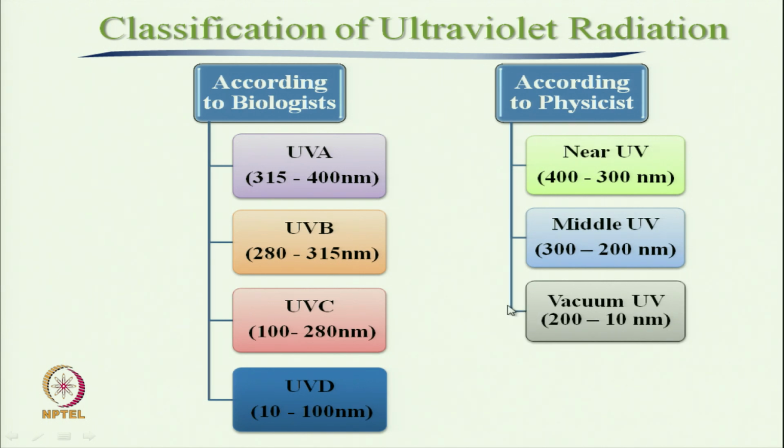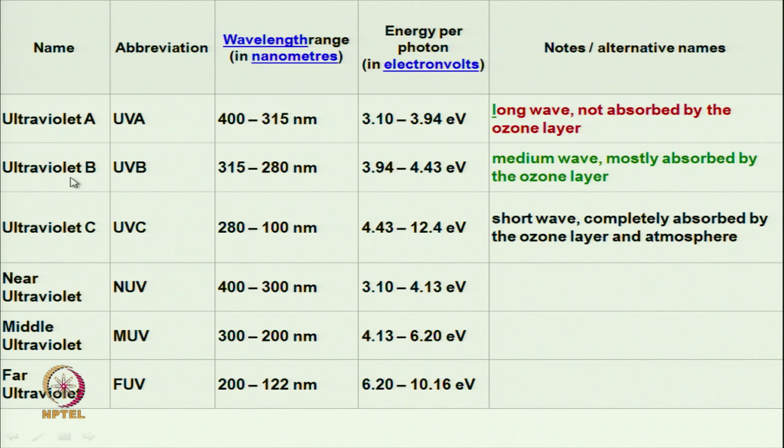So, if you talk about the effect on humans or any living organism, this classification is based on UVA, UVB, UVC and UVD. So, if you see UVA, ultraviolet ray A, which is within the range of 315 to 400 nanometer, its energy is 3.1 to 3.94 electron volt.